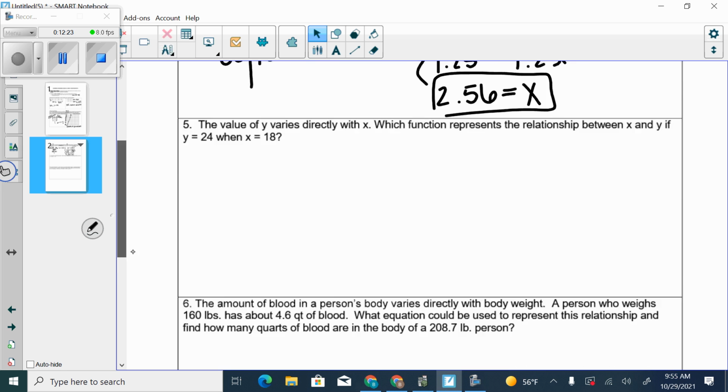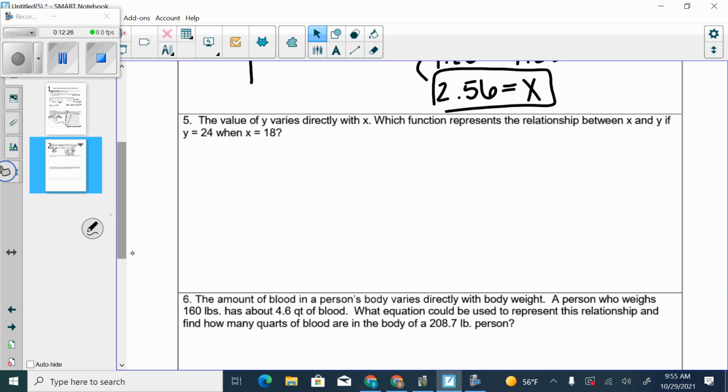Okay. Number 5, it says that the value of y varies directly with x, so we already know we got that coordinate point 0, 0 because it said it varied directly. What's the relationship between x and y when we have that x is 18 and y is 24?